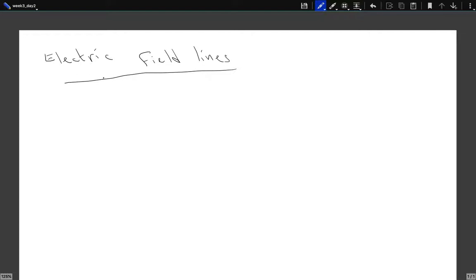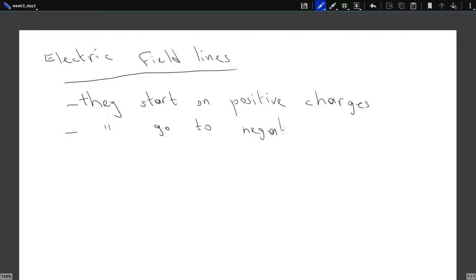Now, the properties of the electric field lines were, okay, they start on positive charges, and they go to negative charges, or infinity.